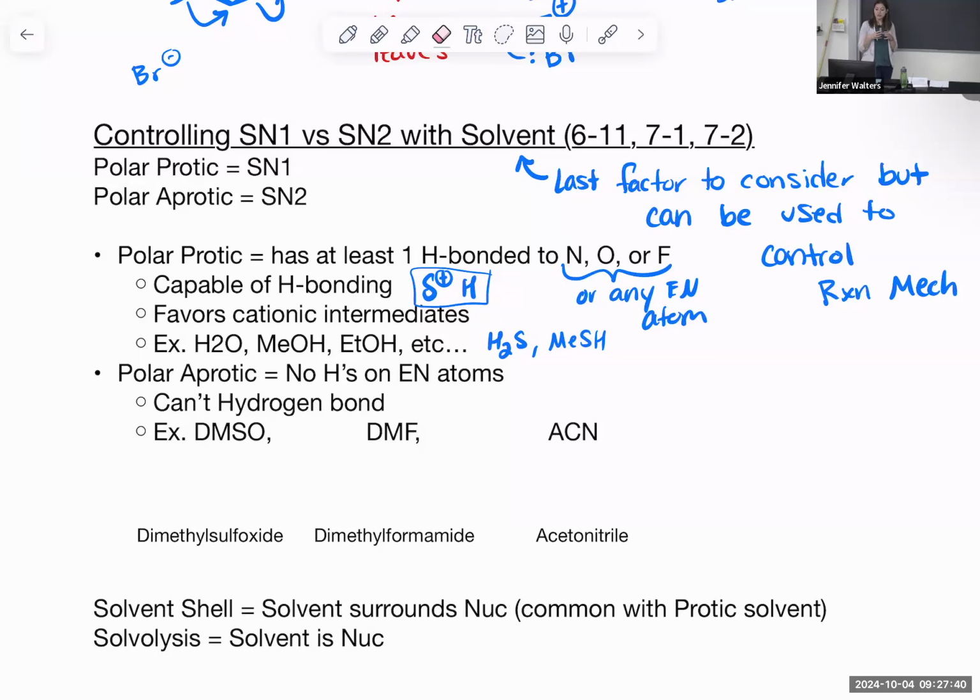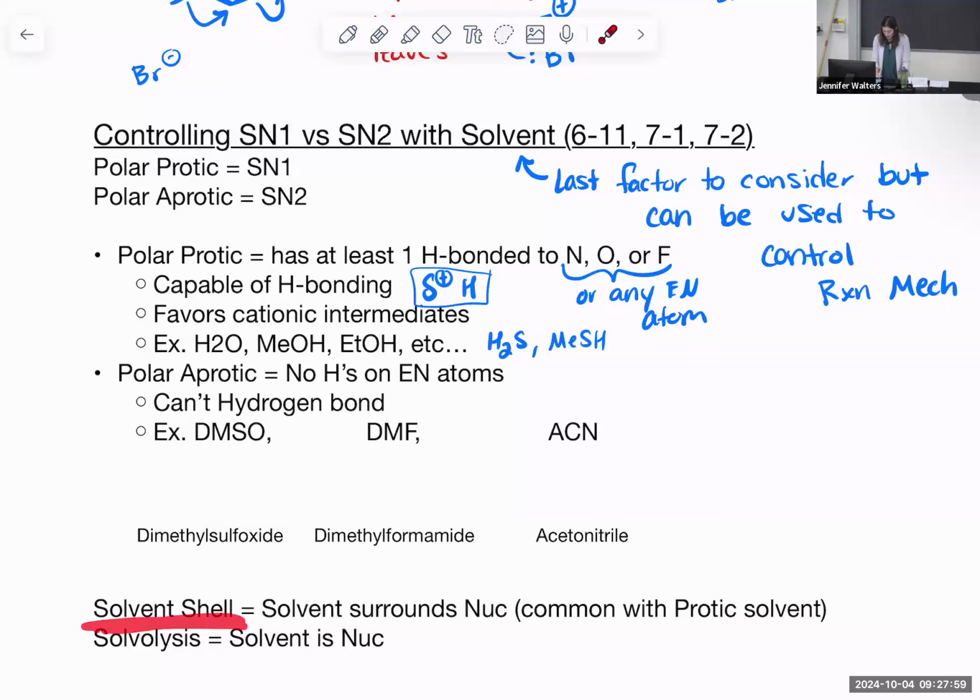Because they don't form the tight solvent shells, it's not going to weaken our nucleophile. If it doesn't weaken our nucleophile, that means I have a stronger nucleophile, and SN2 is the reaction that cares about the strong nucleophile, right? So that's what we're seeing.